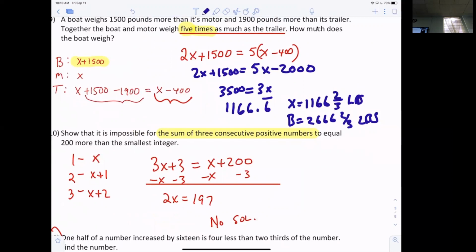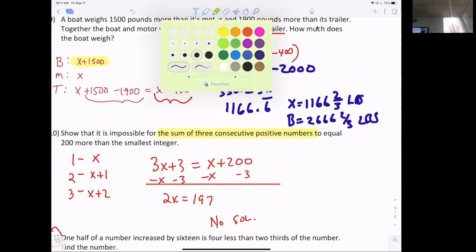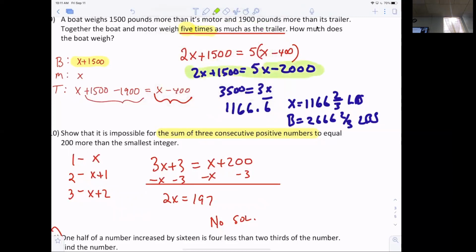Well, take 3,500 and divide it by 3. Tell me what that is. Yeah, that's right. I'm really trying to help you all, but you need to tell me if you agree with this or disagree.